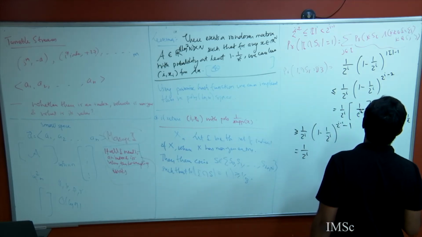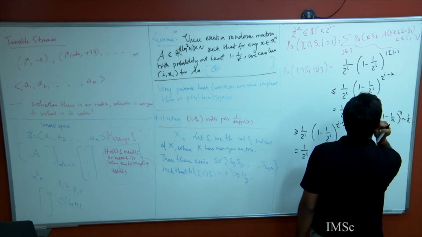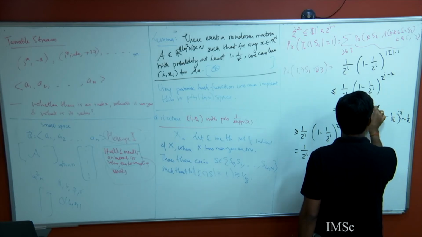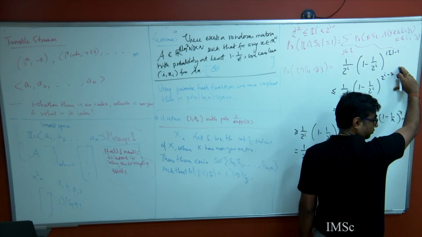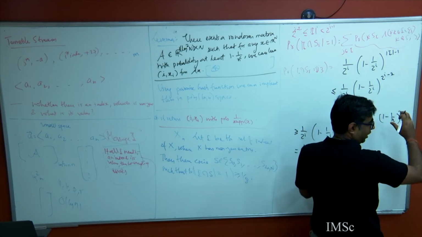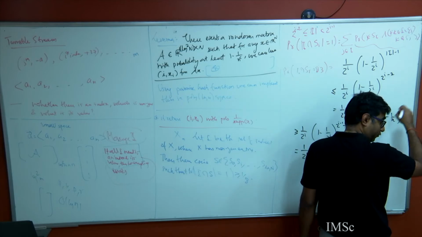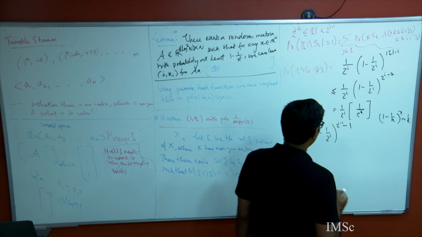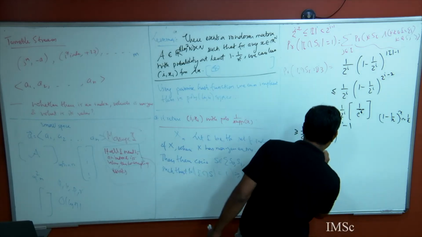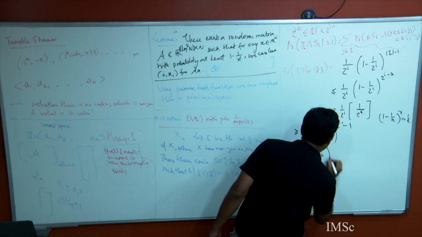What is this? Wait, there's something wrong here. No. This is not e square, it's e power 4 because it is 2 power i minus 2, right? So 2 power i divided by 4. This is like divided by 4. So this is 1 by 4 and this will be 1 over e square.